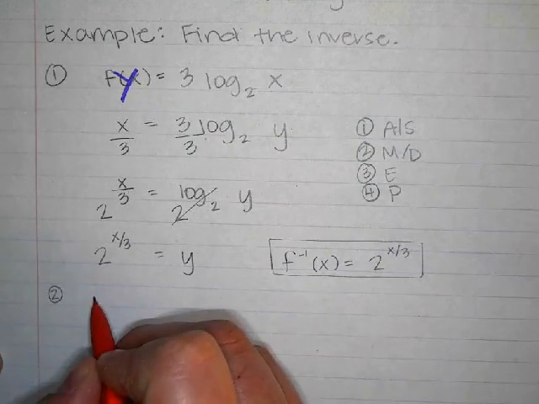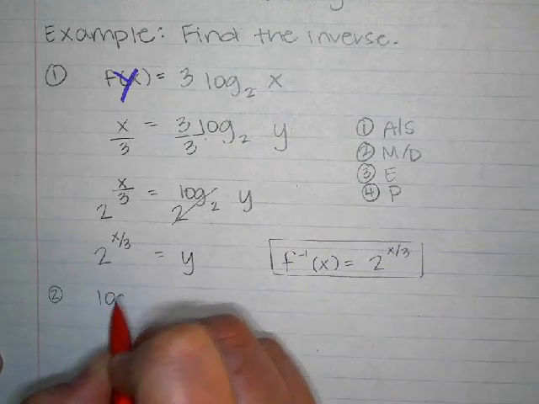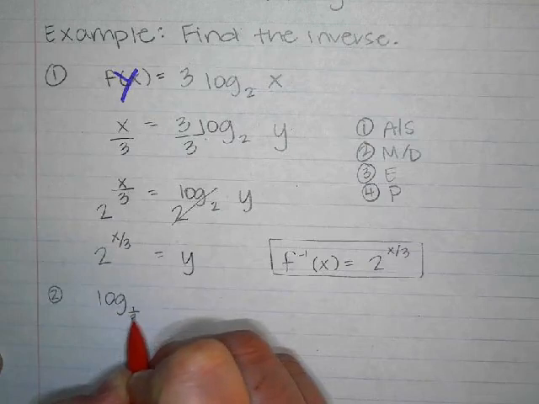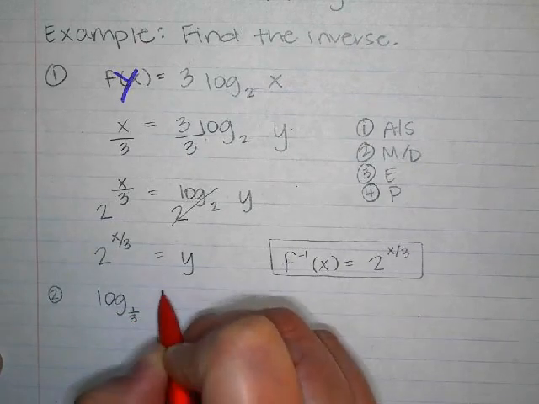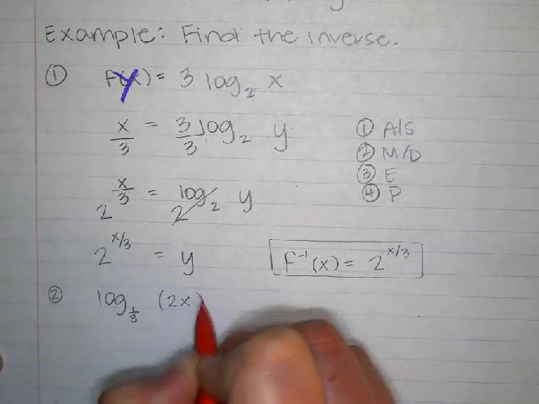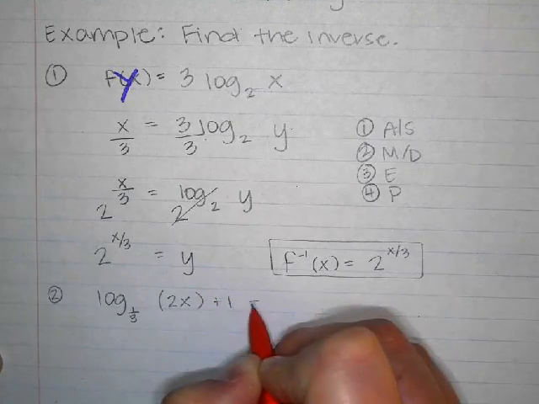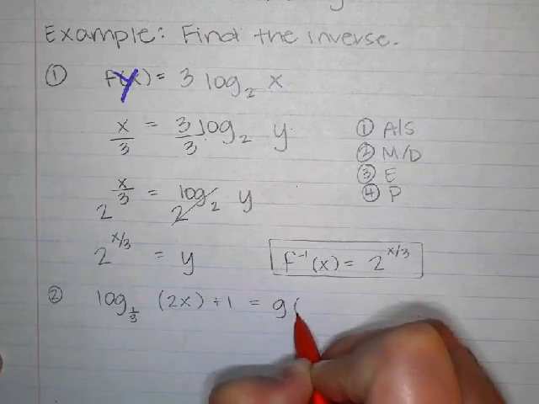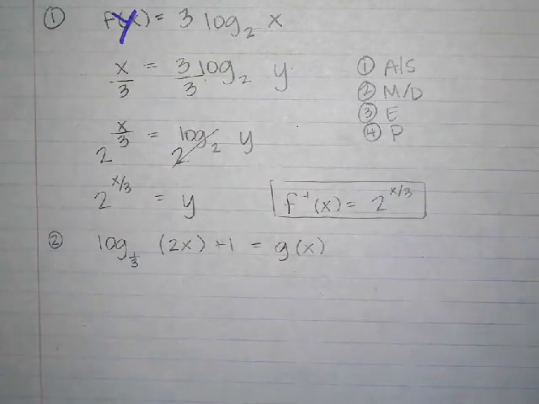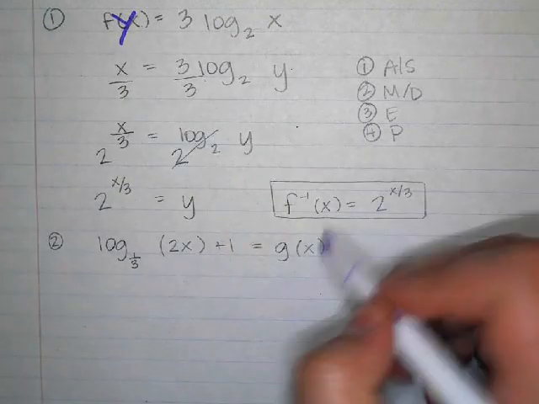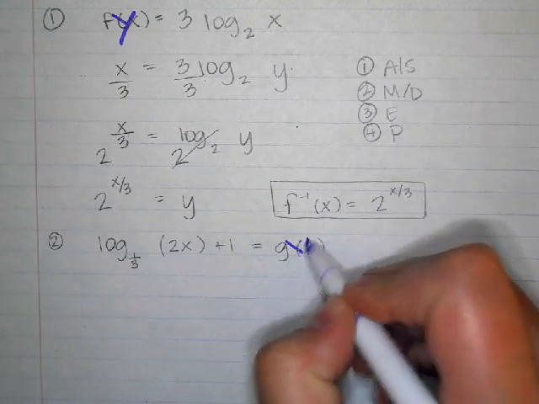Okay, let's try another one. So let's say I had log base 1/3 of 2x plus 1 equals g of x. So g of x is just another name for y.